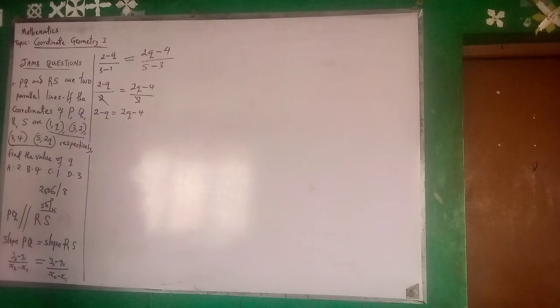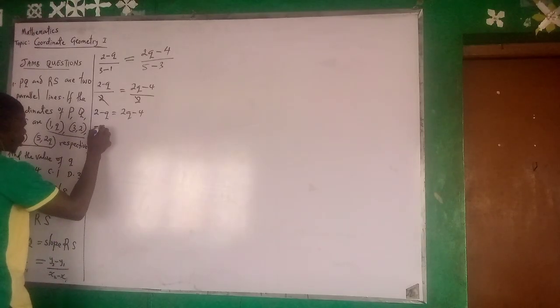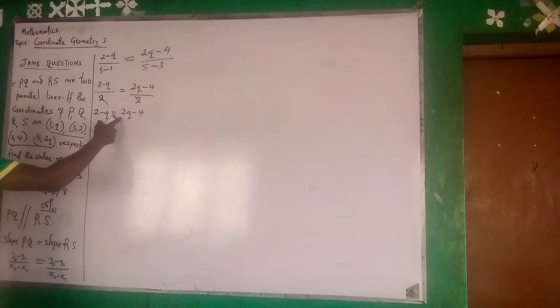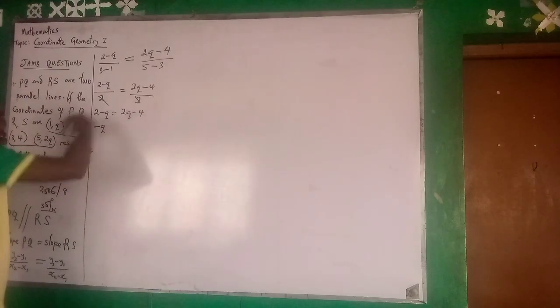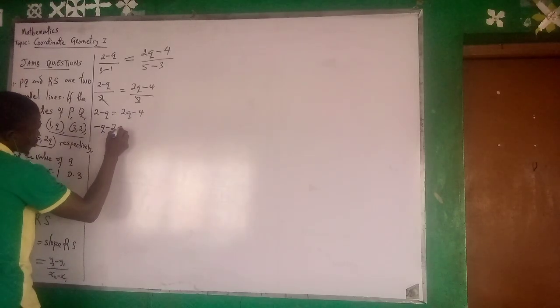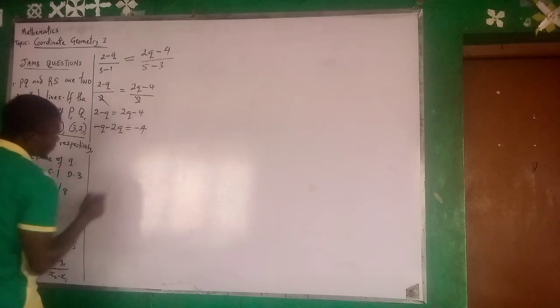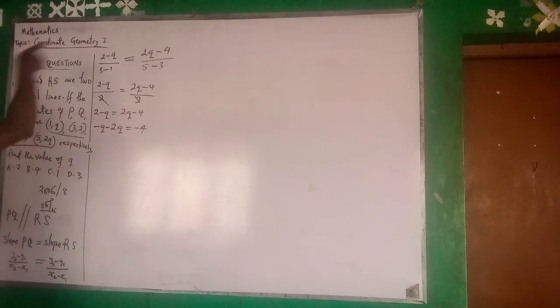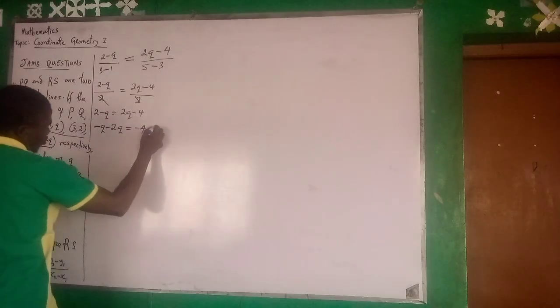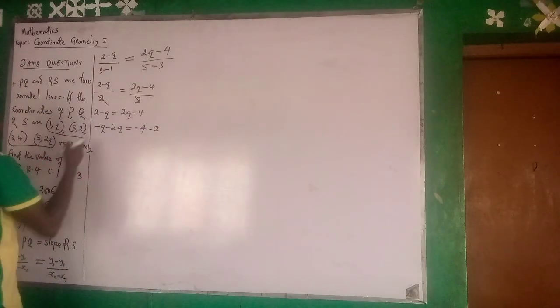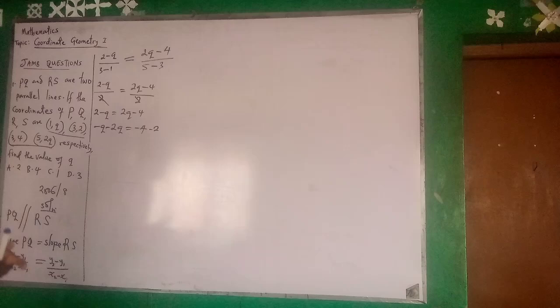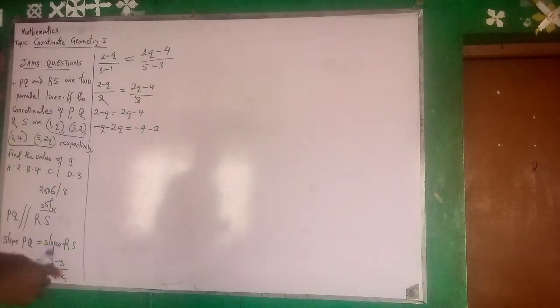You collect like terms. I'm collecting q here: minus q is here already. Minus 2q, I mean 2q is going, so minus 2q, equal to minus 4, which is here already. 2 is going, so minus 2. Minus q minus 2q is minus 3q.